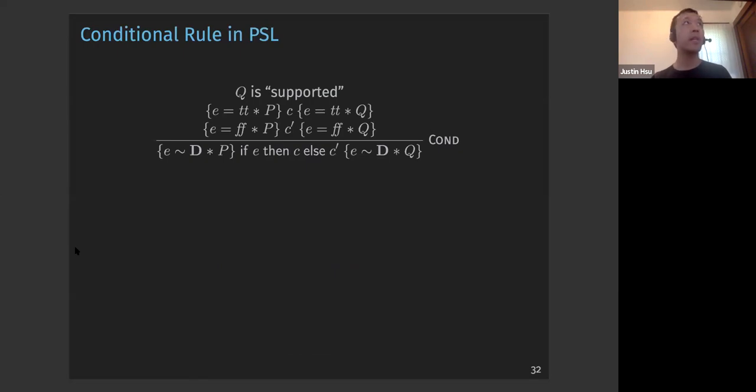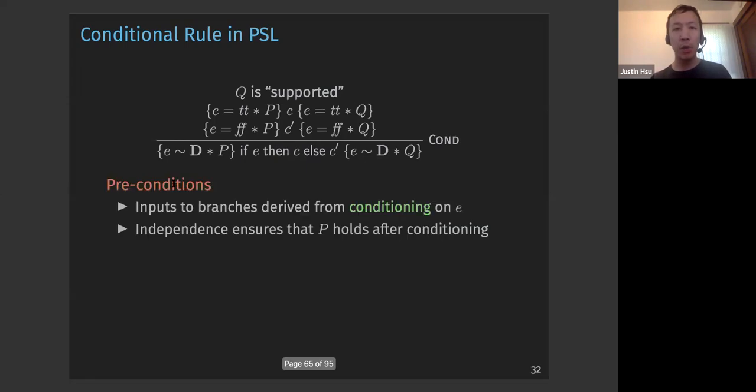I'll mention briefly the conditional rule because it's one of the more interesting parts of the logic. It looks very different from the regular conditional rule, and that's because we have to deal with certain other things in a probabilistic setting. I'll first remark that the precondition P must be independent of the guard.